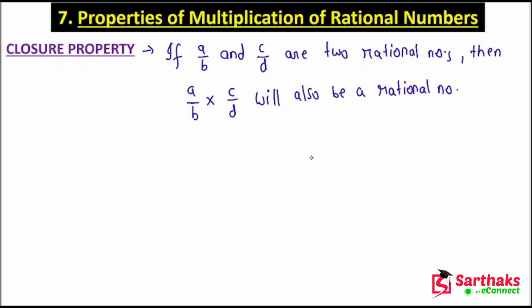Simple. So if A upon B and C upon D are two rational numbers, then A by B times C by D will also be a rational number.